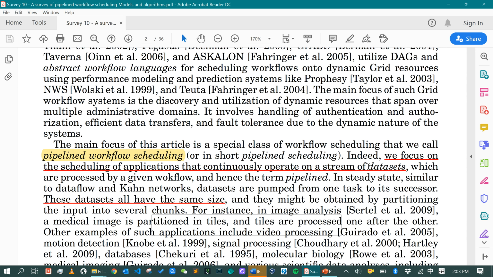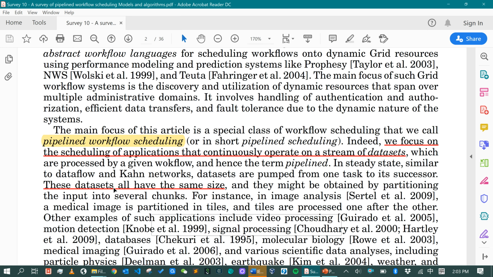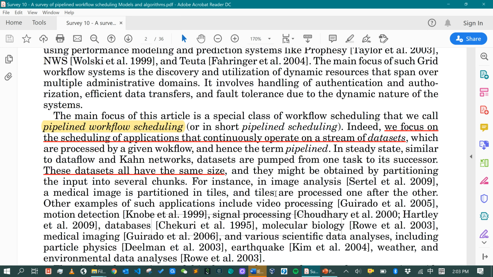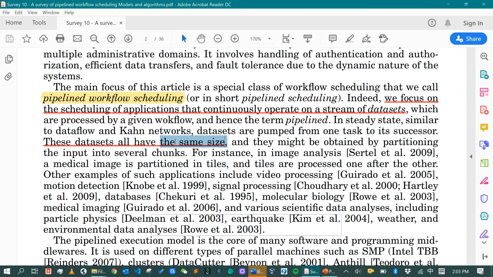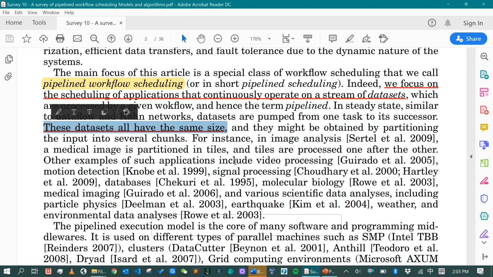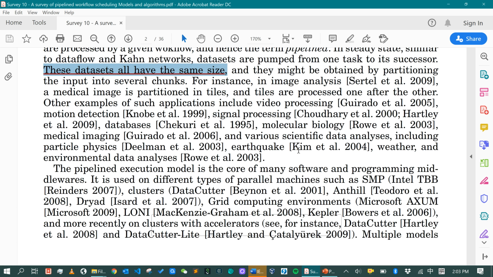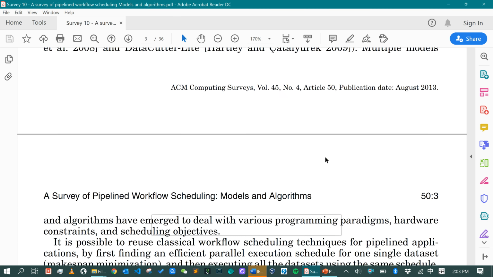That means the workflow runs over and over again on different data sets, but the assumption is that all the data sets have the same size. I think this is a little too strong to be true in many real cases, but this paper has an assumption like this.